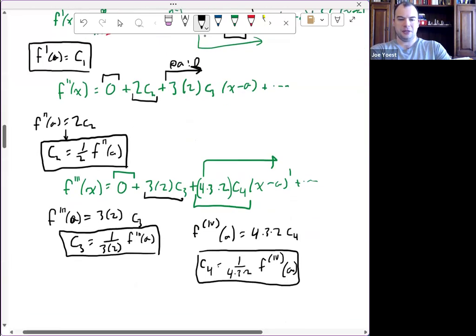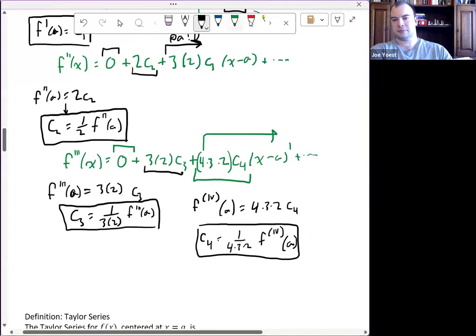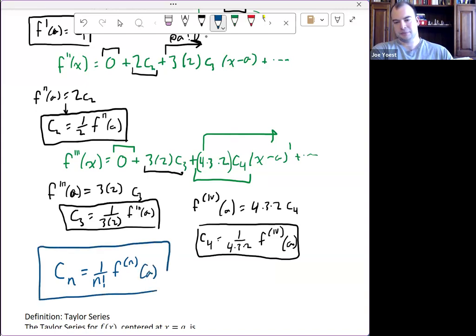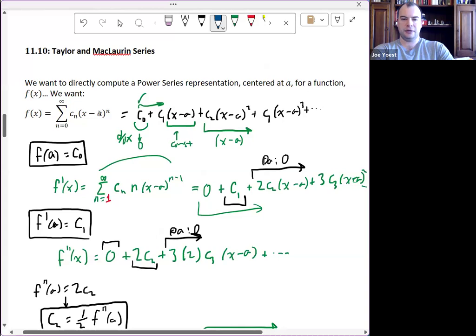And at this point, I might see the pattern that Cn is 1 over n factorial, the nth derivative of f at a. Once I figure out a formula for all of my Cn's, I've determined my power series.